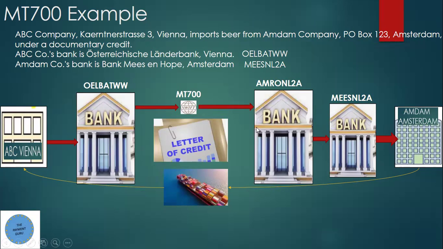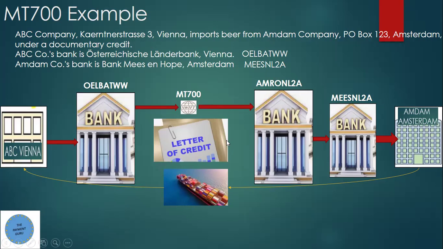And then the advising bank is AMRONL2A, which is in London, and the account-holding bank of the company Amsterdam is MEESL and L2A, which is nothing but the Bank Mees and Hope Amsterdam. Now, the letter of credit is between these two banks, from the Vienna bank to your Amsterdam bank.